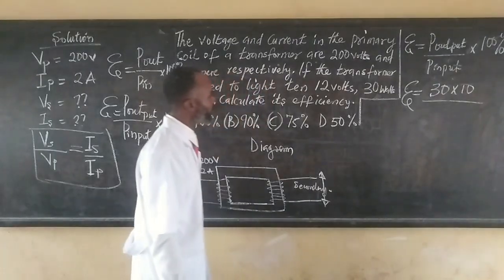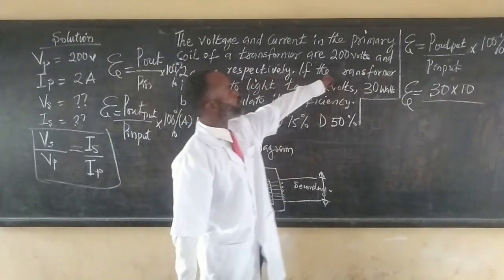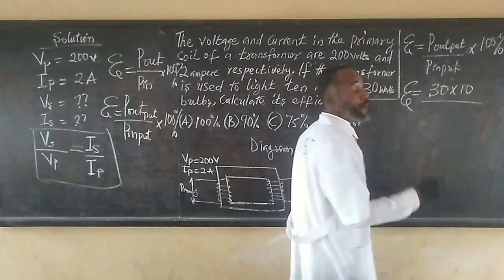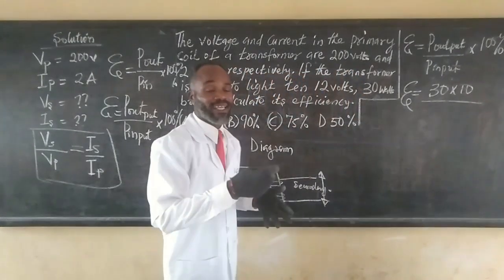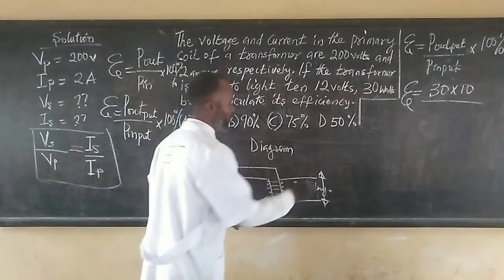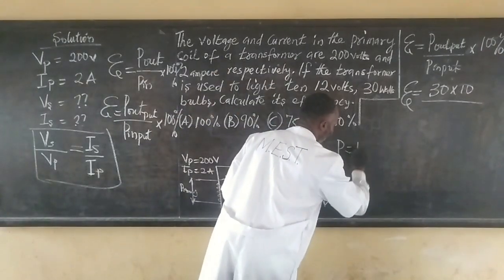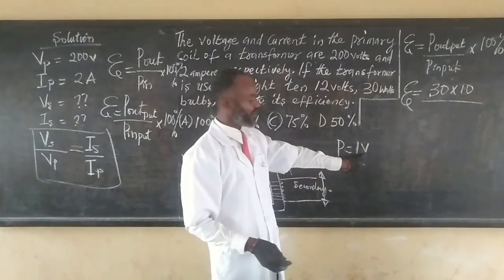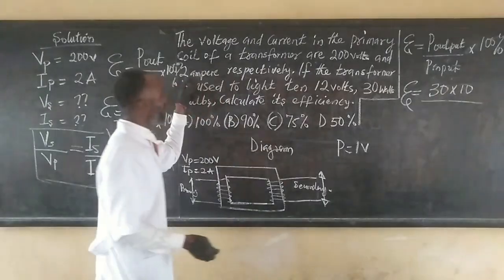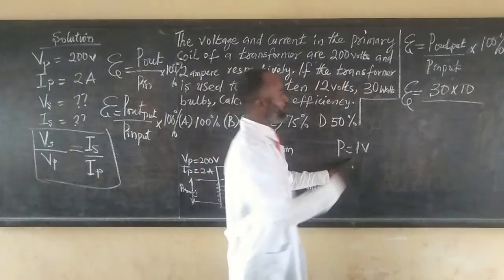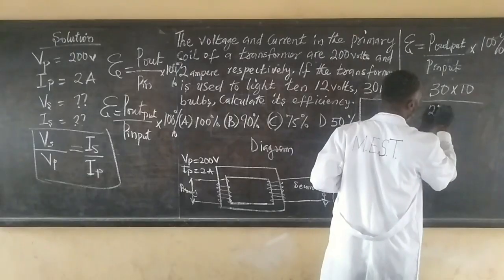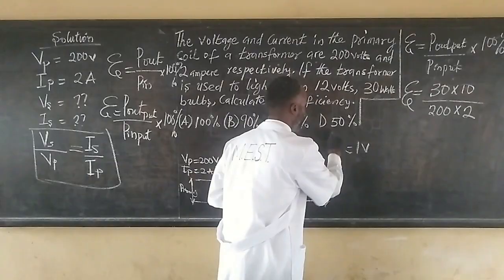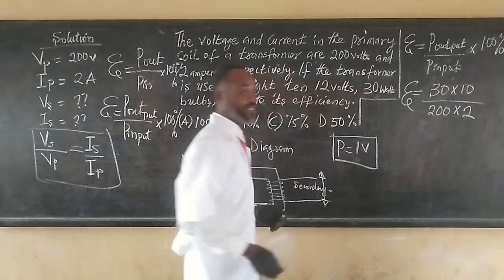Let's see, our power input is 200 volts, we must find that because power, P, is equal to IV. If you recall this, the power is given as IV. We have voltage, that is V, 200, and we have current, 2 amps, that is I. It means that for power input we have 200 times 2.